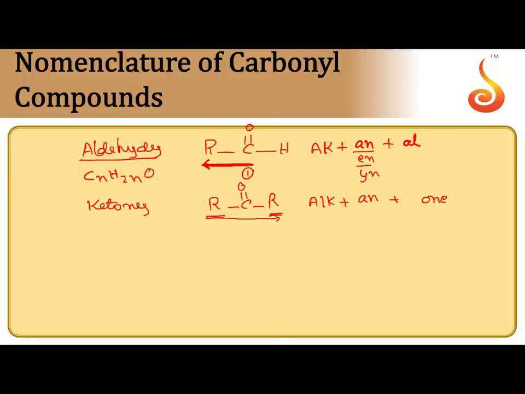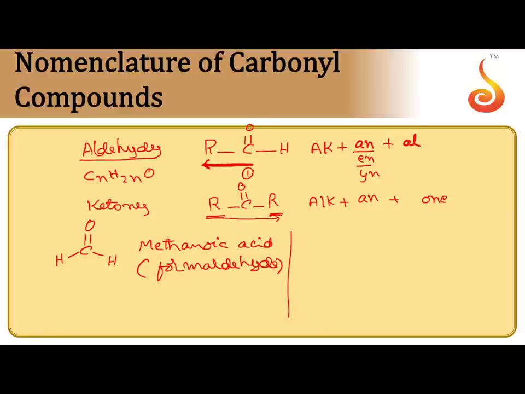So let us take few examples regarding nomenclature. The first member HCHO, methanal, IUPAC name. Since this is obtained by the reduction of formic acid, its common name is formaldehyde.